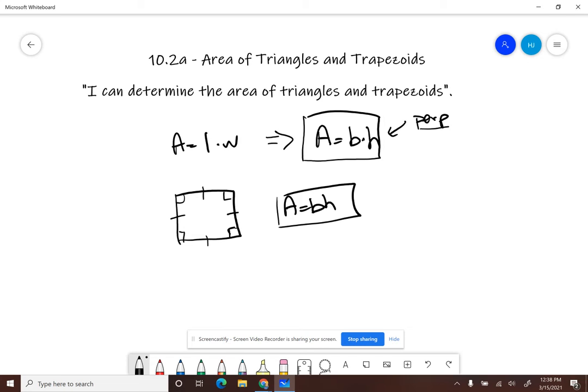Okay. So what I want you to think about is really a triangle is nothing more than half of a square. Again, as long as we have that perpendicular height, then this is still my height and this is still my base. The only difference is now I'm not looking at the entire surface, but I'm only looking at half the surface.